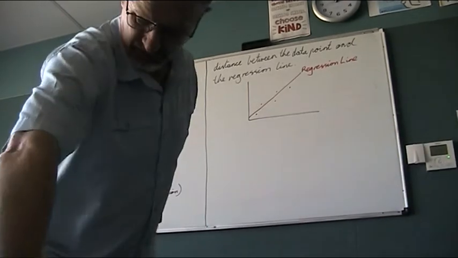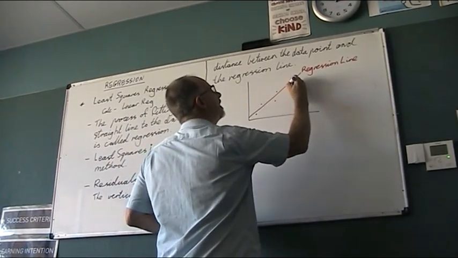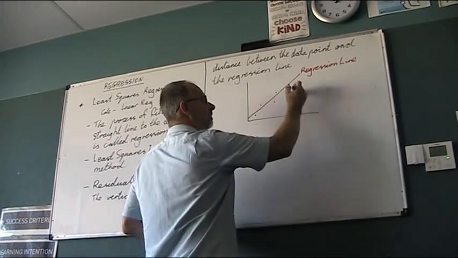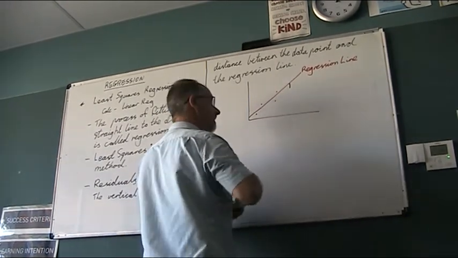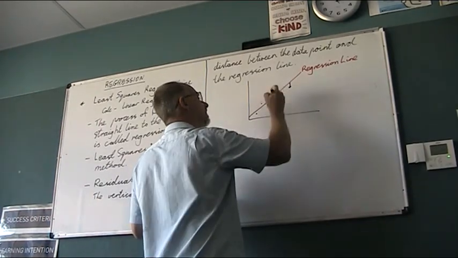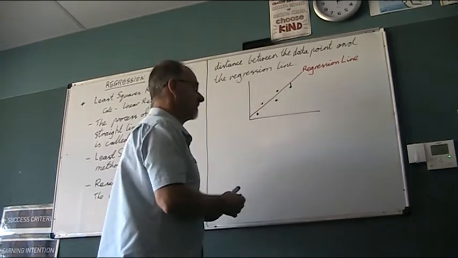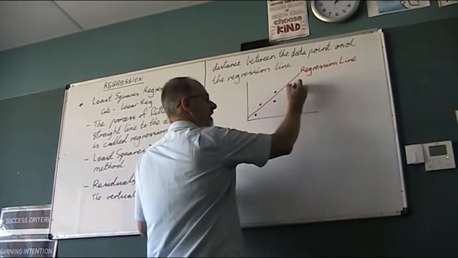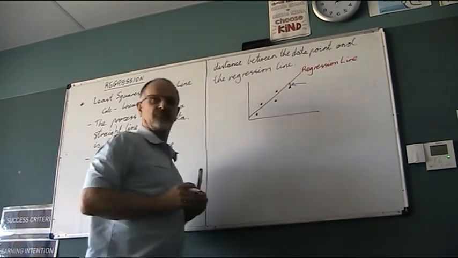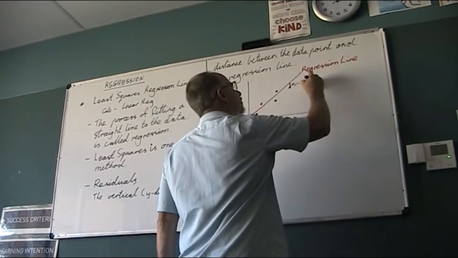Then this residual, this distance here between our data point, this point here, or individual points, and the regression line, that distance is the residual.